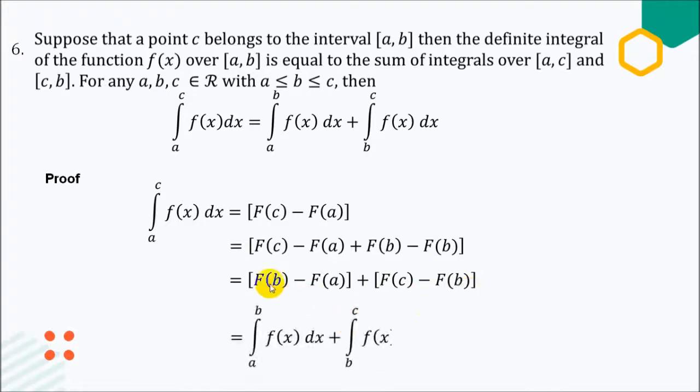From here, by using the fundamental theorem of calculus, we know that we have the upper limit b and the lower limit a, and then c and b here, so it means that the proof of property number 6 is correct.